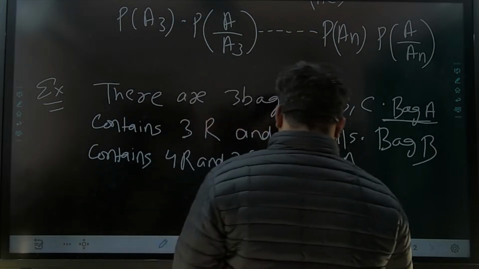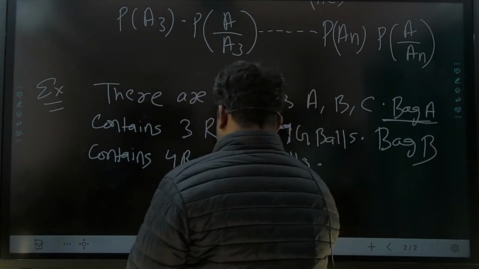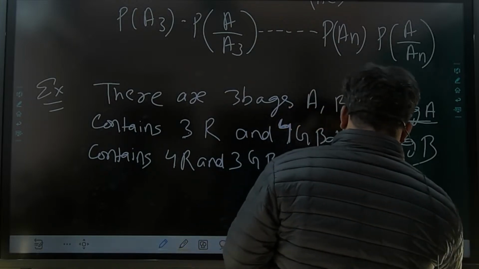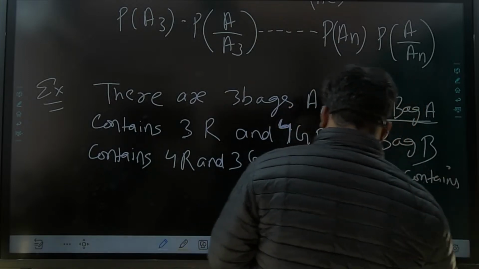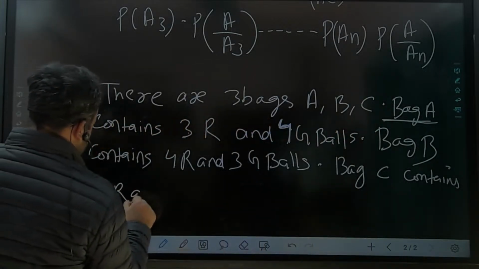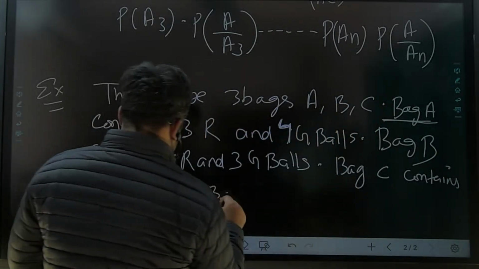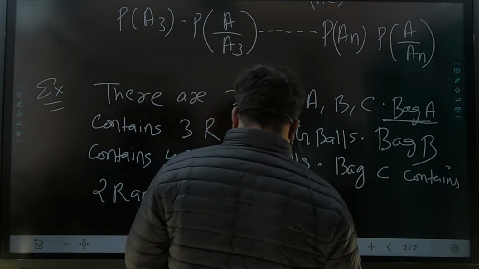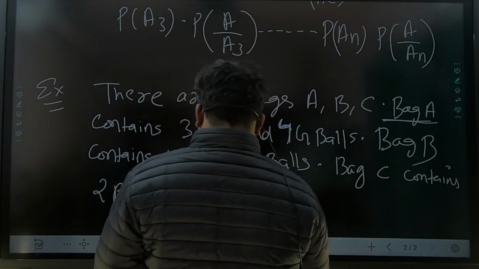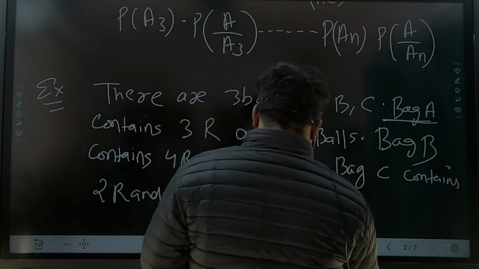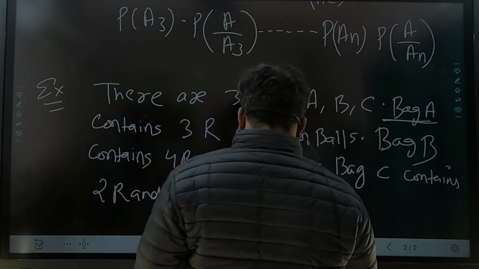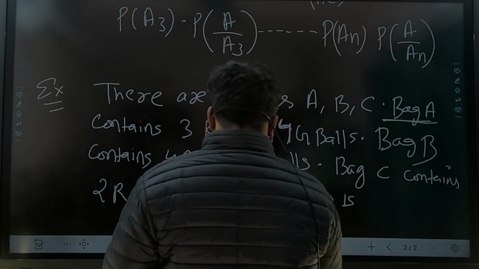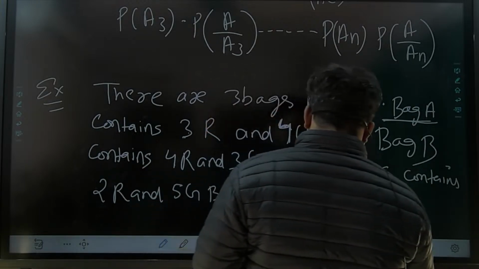And bag C contains 2 red and 5 green balls. Now, a bag is selected at random. See, this is just English.